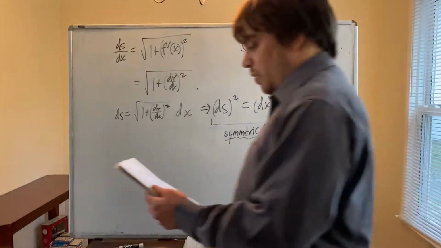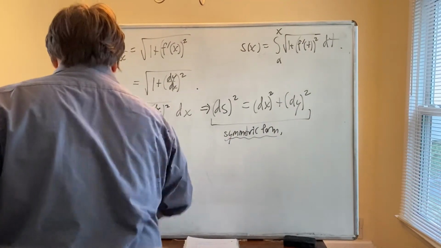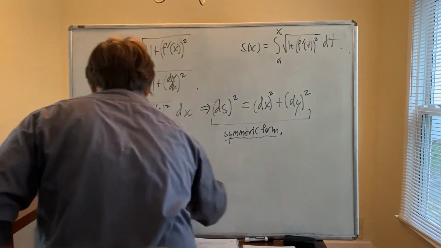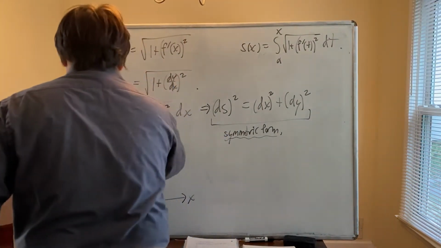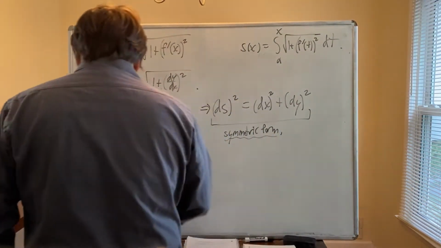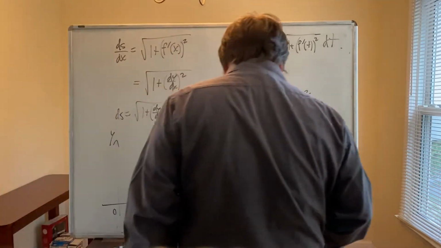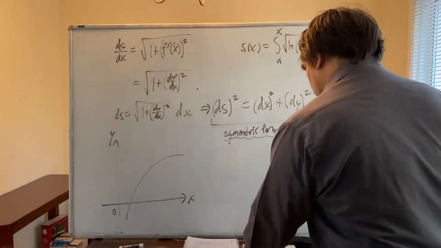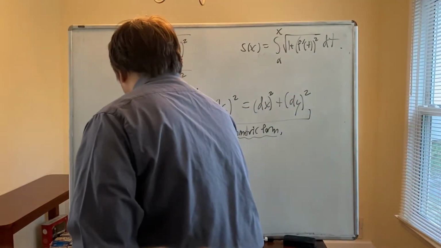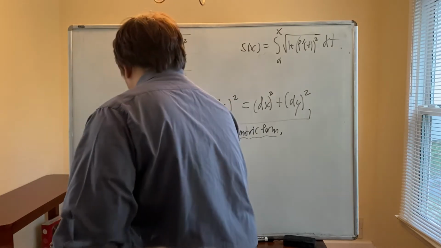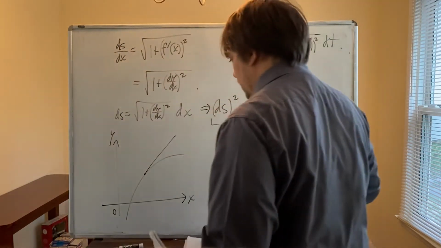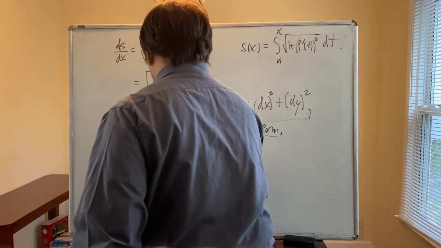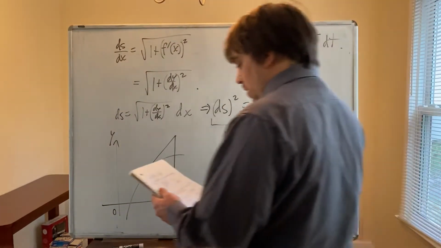Okay, now if you draw a graph to illustrate what this is meaning, let's switch the markers here. Okay, so here's x, here's y, there's the origin. If you have a curve like that, you have a point on the curve, let's say here, and let's say you have the tangent to the curve there. You have your right triangle here. Pictures are much better.